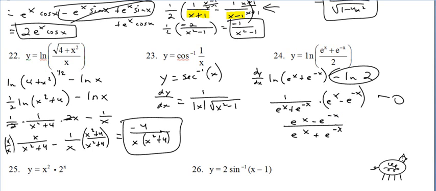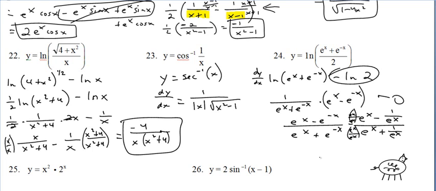And I know this is, again, not necessarily in the simplest form. If you can think of it this way, and I'll be kind of looking for either form, but I can do this. You guys agree with that? Because that's what e to the negative x is, 1 over e to the x. And if I get a common denominator, multiply this one by e to the x over e to the x, and this by e to the x over e to the x.